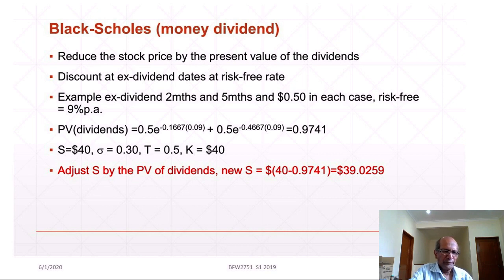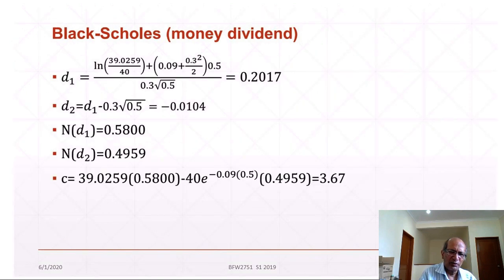Suppose S0 is 40, sigma is 30% or 0.3, time is 6 months, 0.5, and the strike price is $40. Adjust S0 by the present value of the dividends. The new S0, which I normally call S star, is 40 minus 0.9741, which equals $39.0259. That is what you're going to use in the equation in place of S0. Look at the Black-Scholes model.